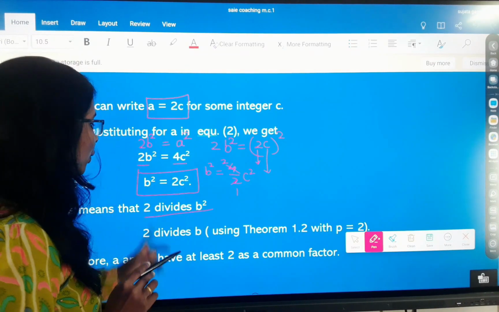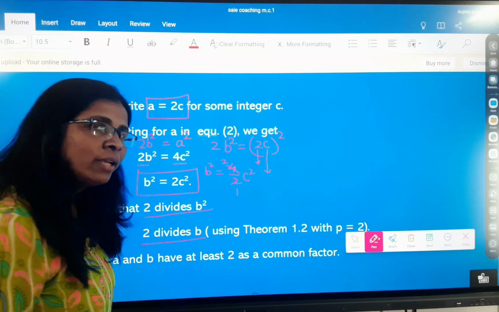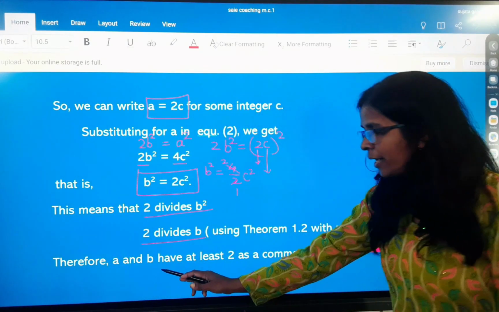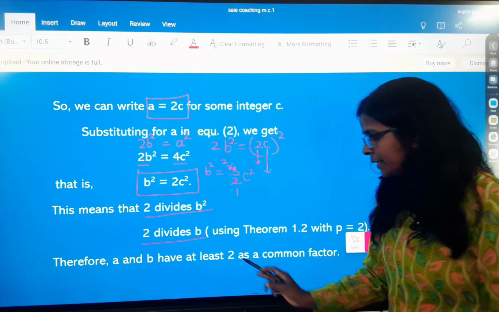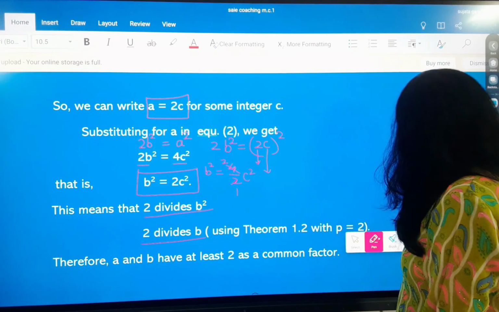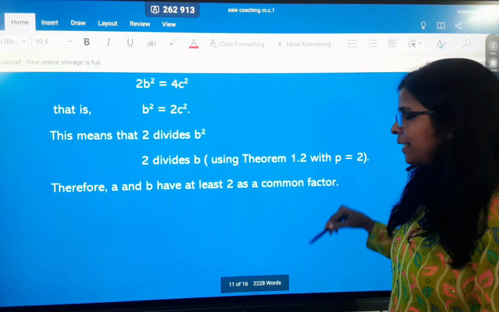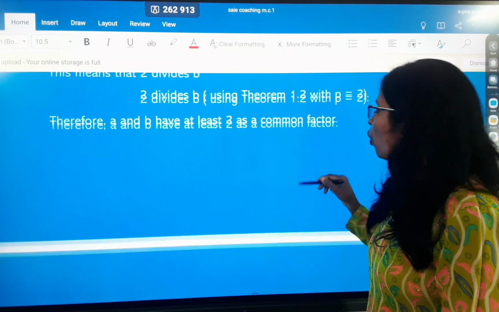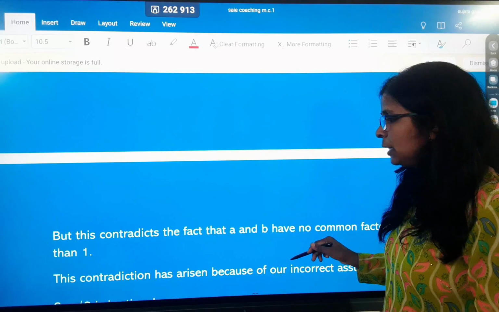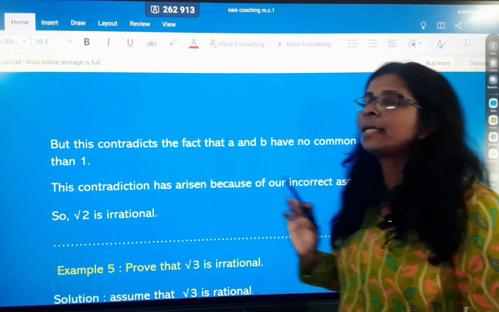As 2 divides B square, we can say that 2 divides B. Therefore A and B have at least 2 as a common factor. But this is a contradiction, as A and B have no common factors other than 1.